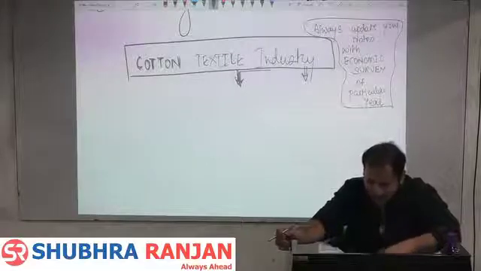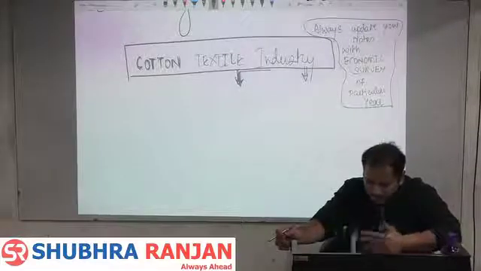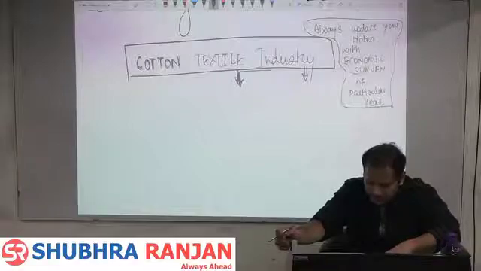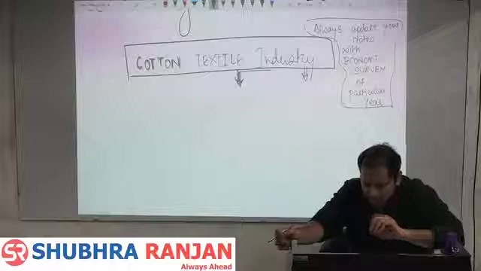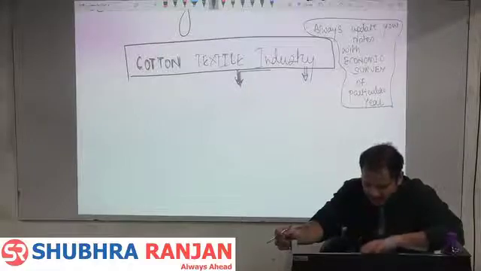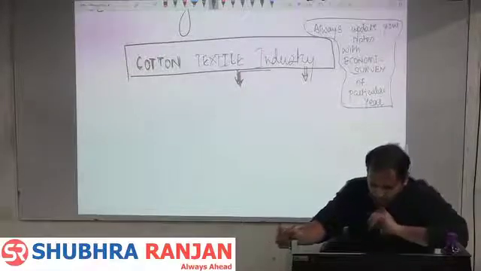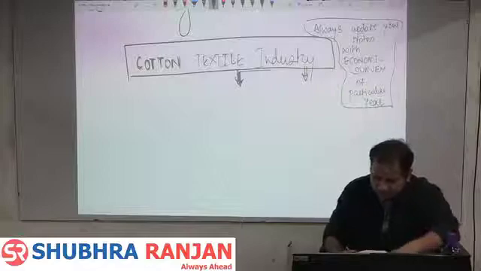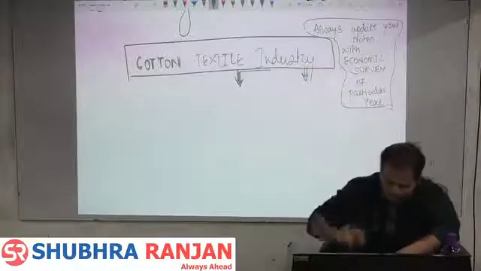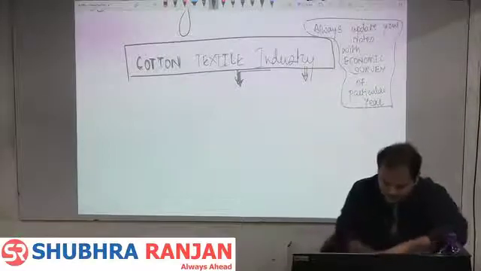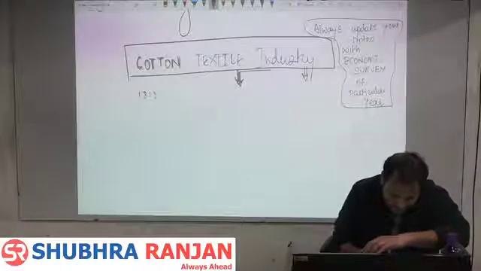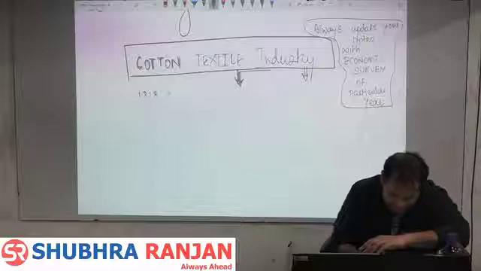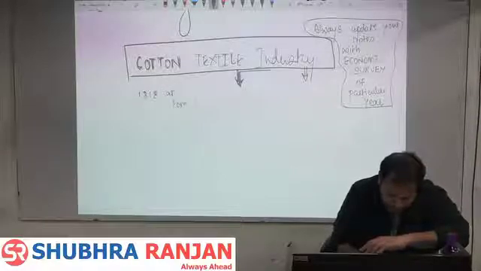Next point. The first modern cotton textile industry was set up in 1818 at Fort Gloucester.